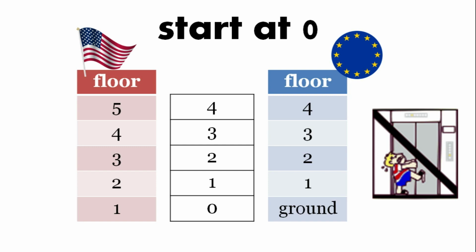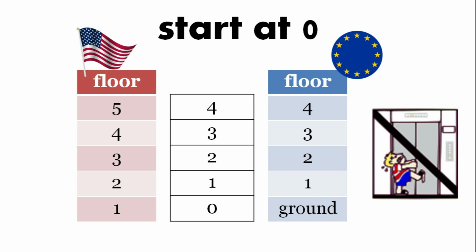In Europe, the ground floor is called the ground floor and is 0, if you like. And then the next floor up is floor 1. And the next 2, the next 3, the next 4. So either system is nice and straightforward, but if you don't know which one, are you on the second floor or the third floor? So it's a bit confusing.